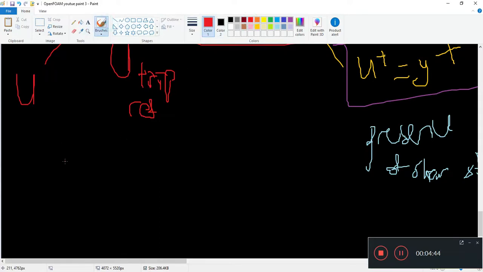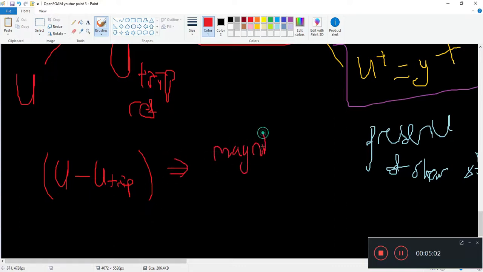So if you were to do a vector subtraction, you'll do something like this, to get a difference, and let's say you want the magnitude. What would you do?